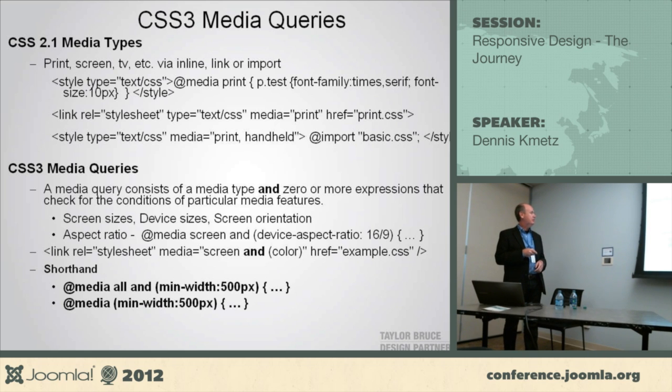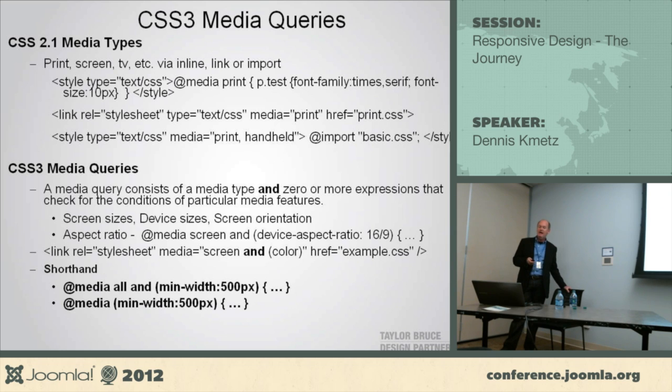So the other stuff are these expressions that check for the conditions of a particular media feature. So you have expressions that check for screen size, device size, screen orientation, aspect ratio, and the shorthand that you can use is media all, and then you put in whatever you're looking for. Media only screen.